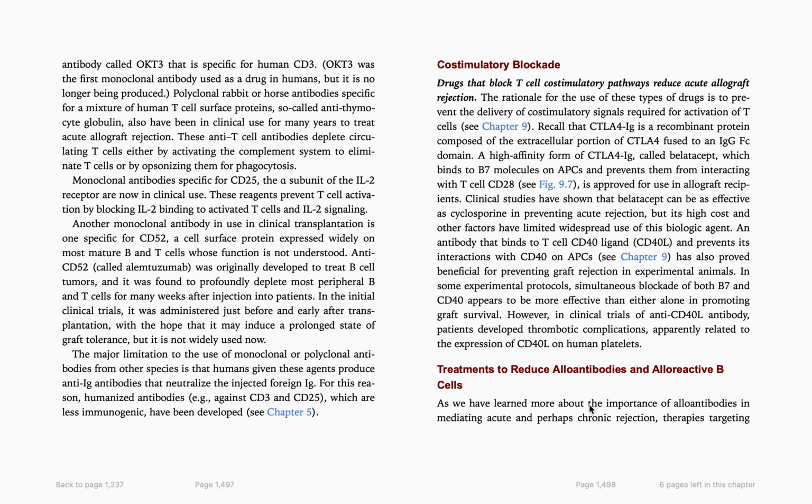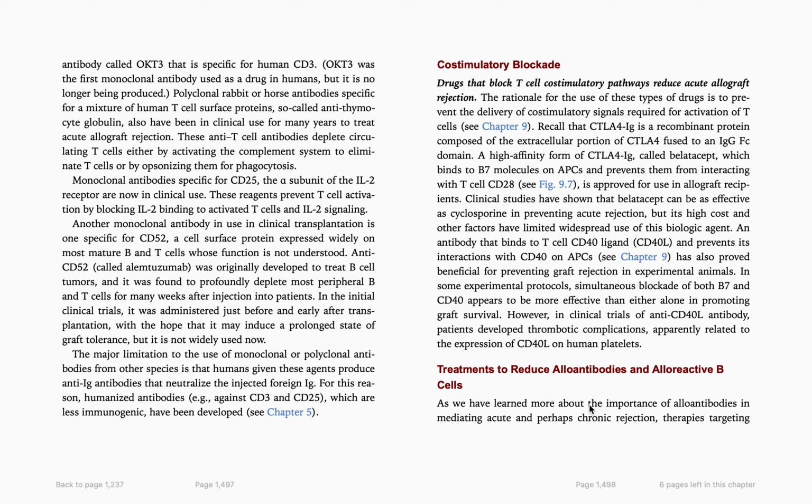Another monoclonal antibody in clinical transplantation is one specific for CD52, a cell surface protein expressed widely on mostly mature B and T cells whose function is not understood.